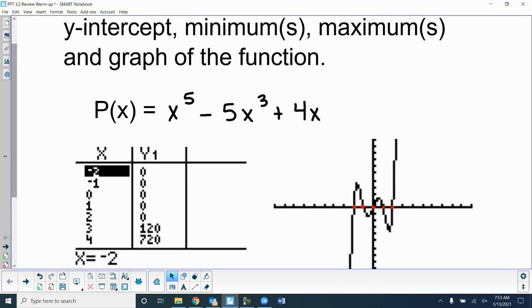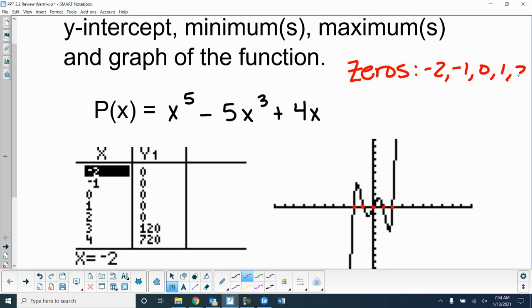Okay. So let's do it this way. If you do it like that, that's okay. And then the y-intercept is here also. I usually put 0, then whatever it is. Okay.